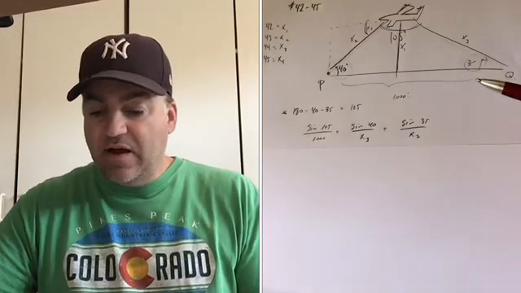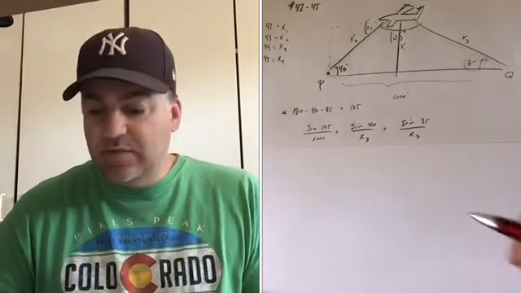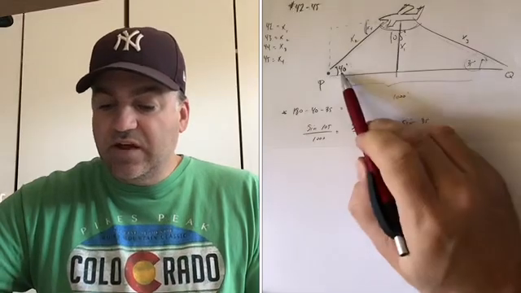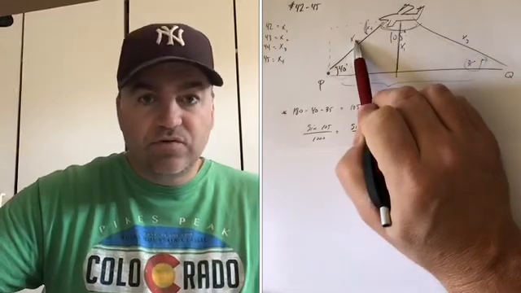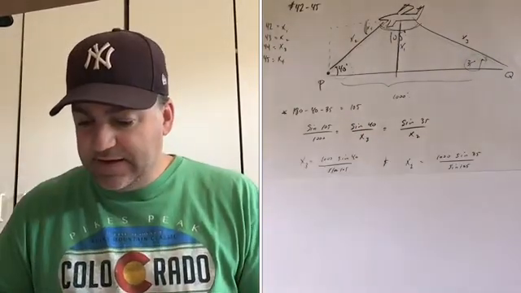Now we can figure out, let's see, which one is this going to be? Oh, I wrote out some hints for you. So the sine of 105 over 1,000 is equal to sine of 40 over x3, which is the sine of 35 over x2. So let's see, which one do I do first, and you guys do the rest.